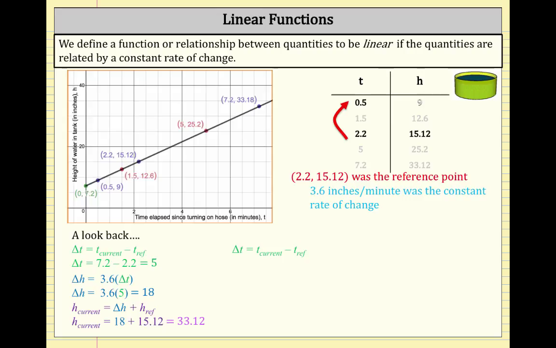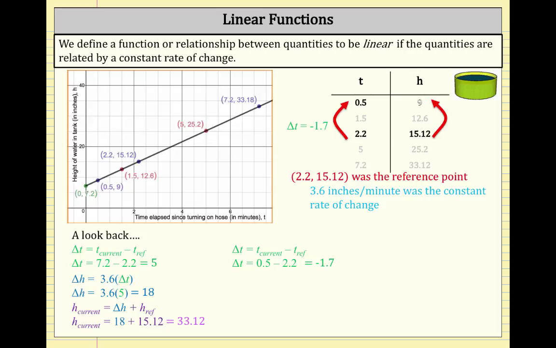So again, starting with delta t is equal to t current minus t ref. In this case, the current time that we're examining is 0.5 minutes, and the reference time was 2.2 minutes, and that was a change in time of negative 1.7. So we were trying to figure out the corresponding change in height.